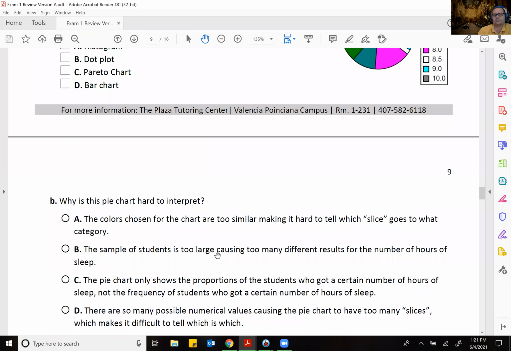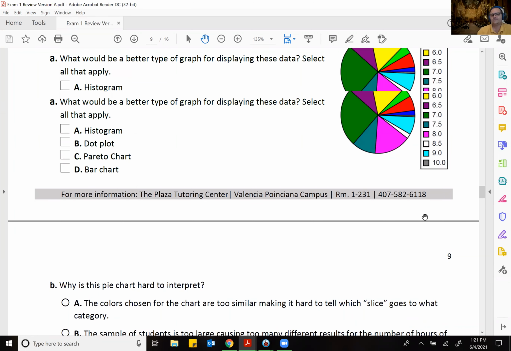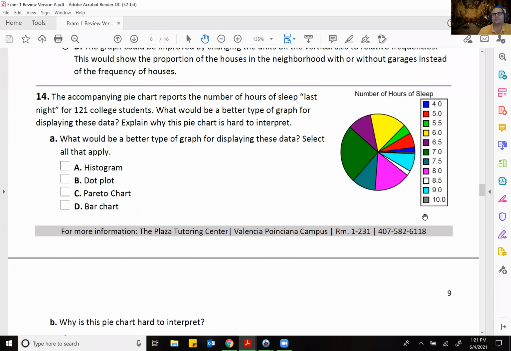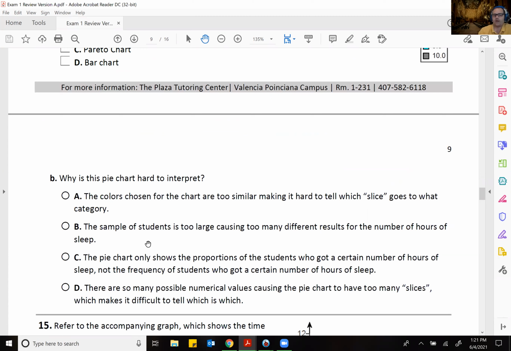So the sample is too large, causing too many different results. I can have a large sample and have a pie chart look just fine for large samples. So in this one, it's saying the problem is because the sample is too large.